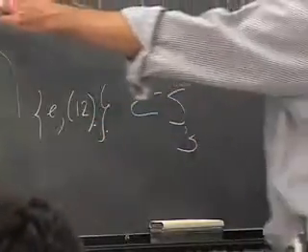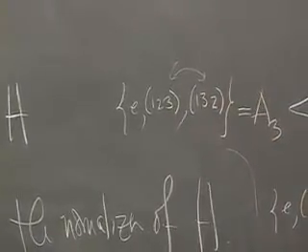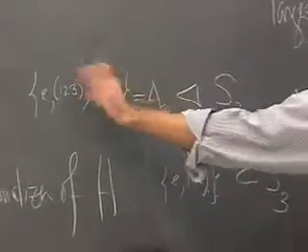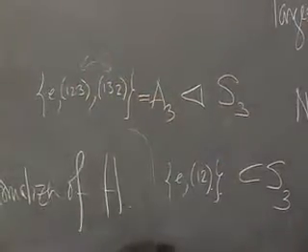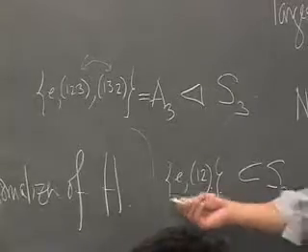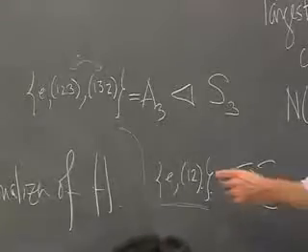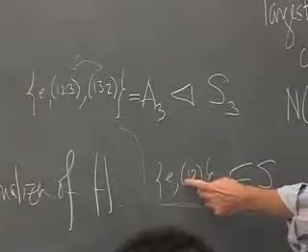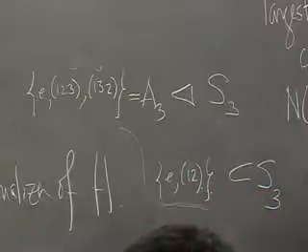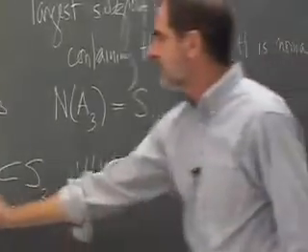Here, if you have a group of order 2 and you have something that normalizes it, it has to centralize it. And if you calculate what elements commute with this element, there are no other elements but this element. And so in this case, one finds the normalizer of H is just H.